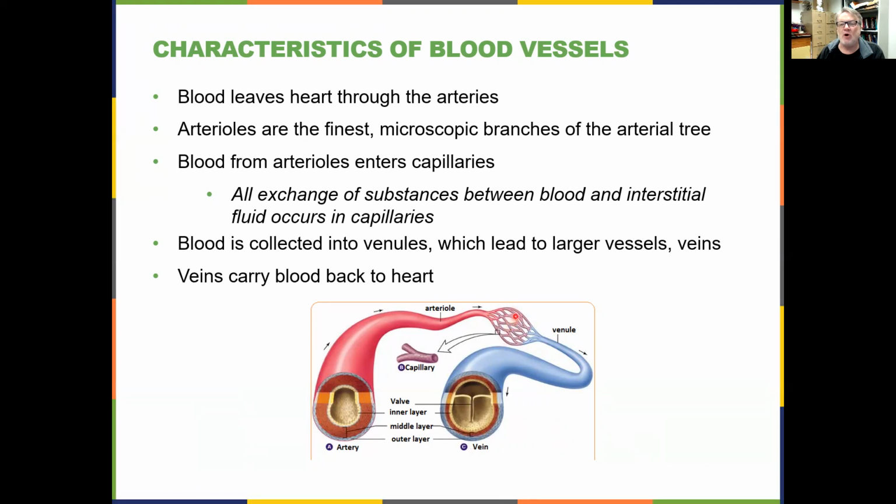And that's where all exchange of substances between the blood and the body itself, the interstitial fluid, will occur. The walls of the vein and the walls of the artery are way too thick to allow diffusion of anything across their walls. So only capillaries is where we're going to get movement of substances.